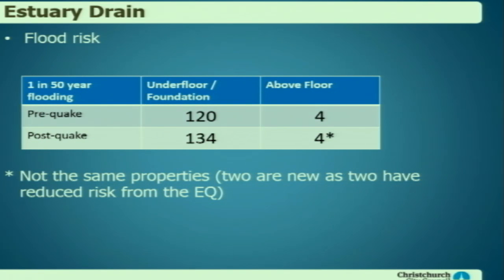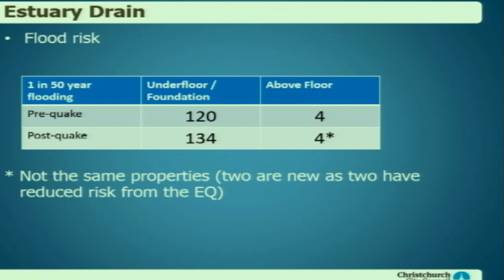In our investigations, we look at the pre-quake flood risk and the post-quake flood risk and look at the change. As you can see on the slide, the number of floors or foundations at risk of underfloor flooding in this catchment is reasonably high, at 120 before the earthquake and 134 after.